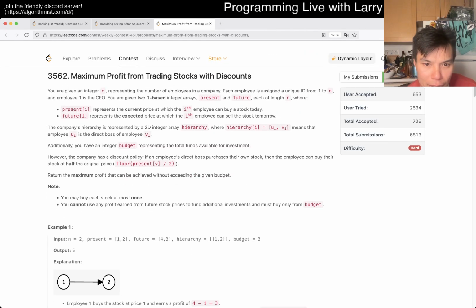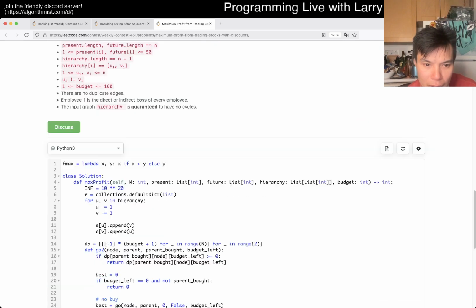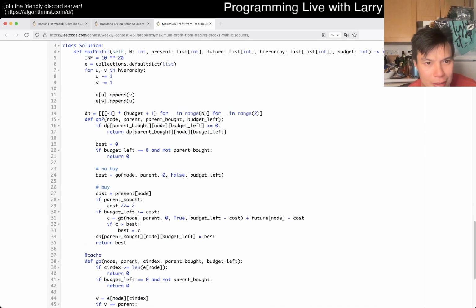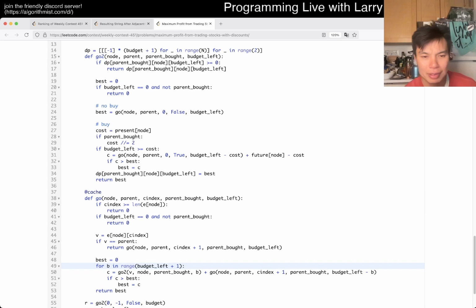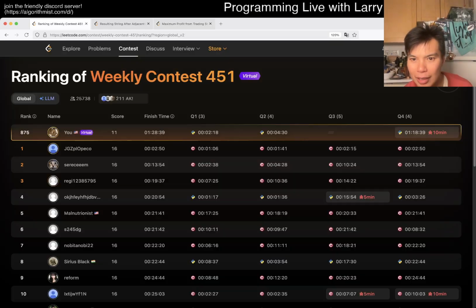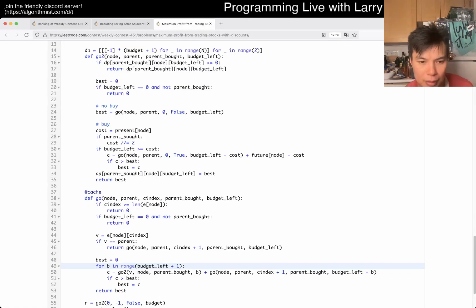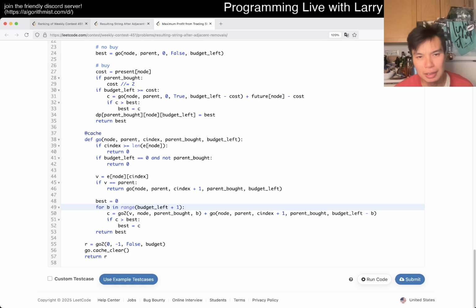It has to be profit, not returns. Okay. I'm stuck on this optimization. I have 10 minutes. And we're so close. I don't know if we're actually that close, honestly.